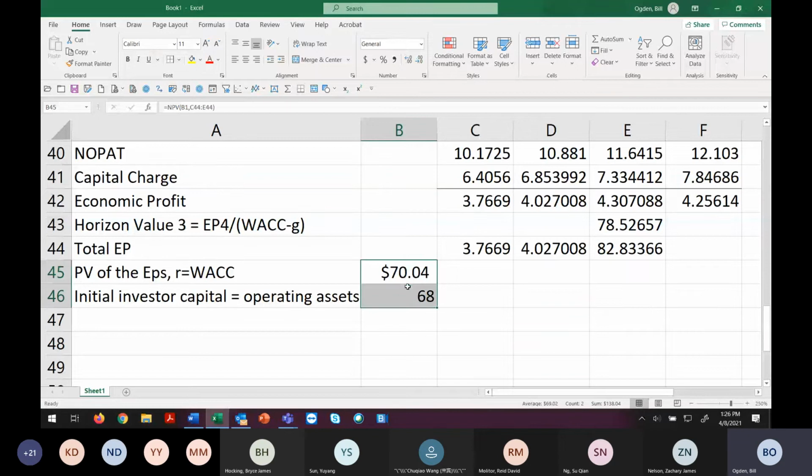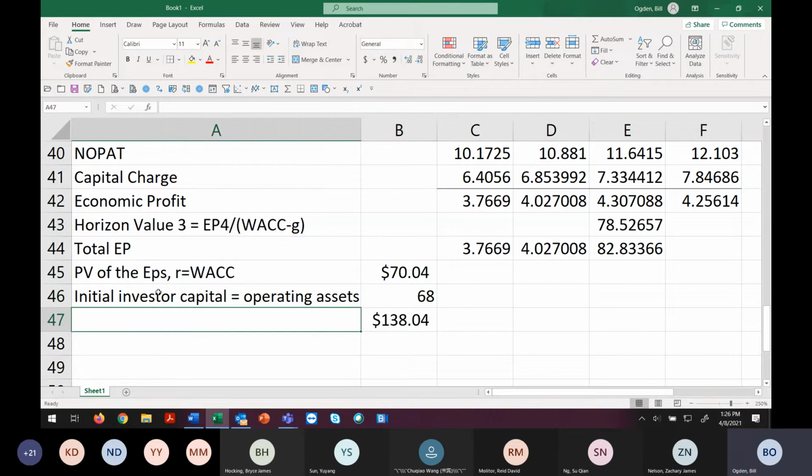Right, we add these together. And we have the value of the operations. Okay, and what do we do next? Okay, it's procedural only.